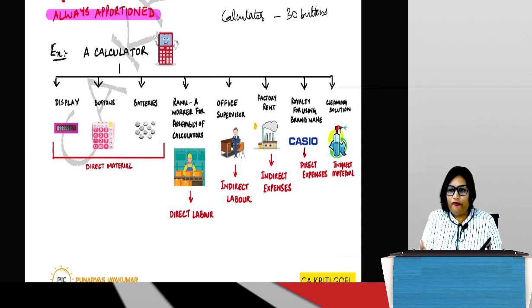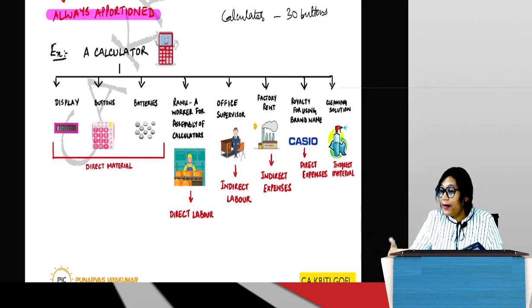So if one single person is manufacturing this one calculator in one day, and let's say I am paying him 800 rupees for the day, so can't you easily know that for this 800 rupees was paid towards manufacturing this calculator?